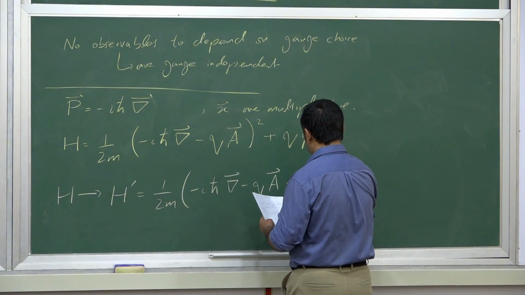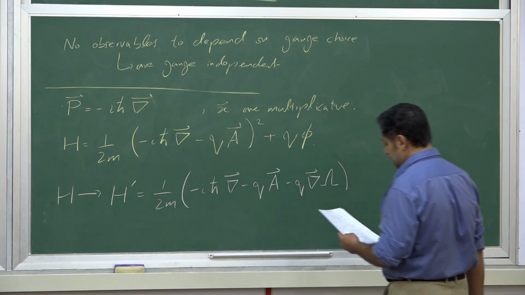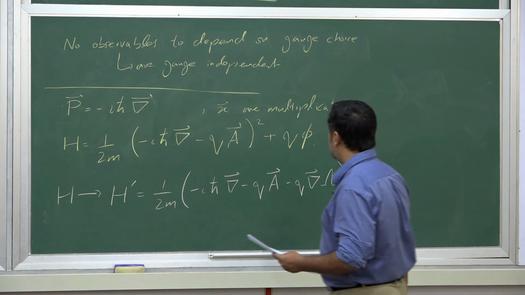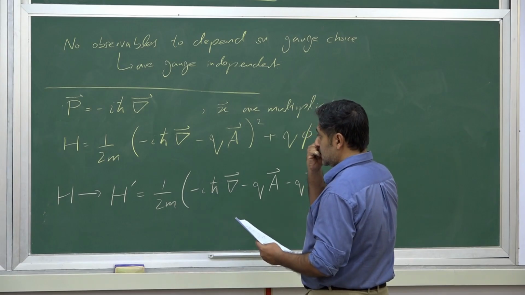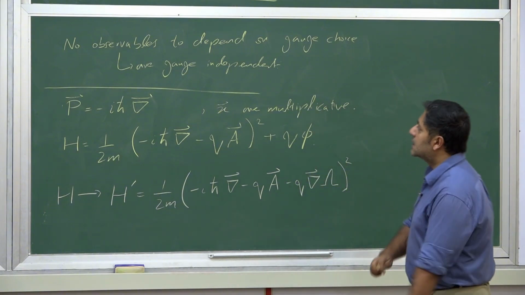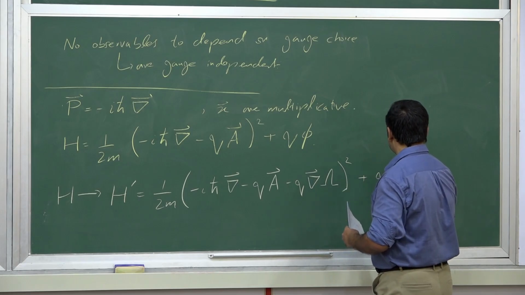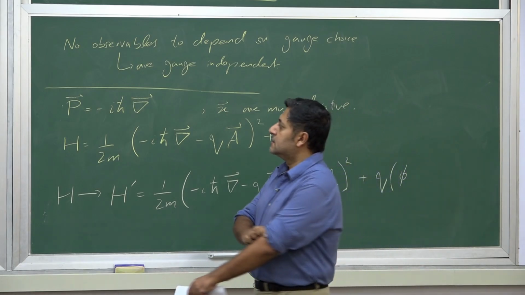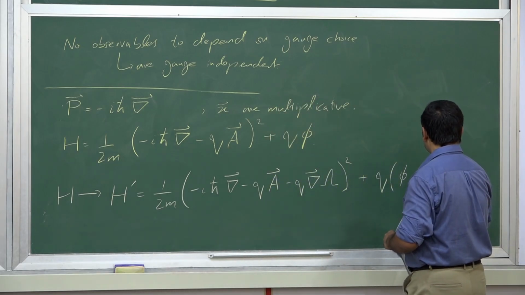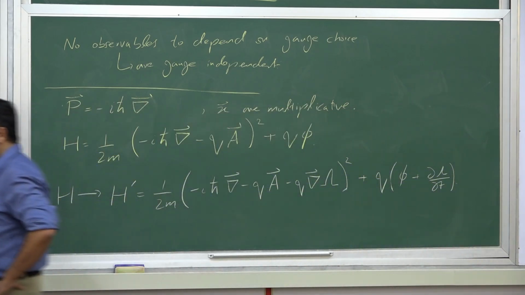So I get this, and this is being squared, and then I have this phi being shifted like this.